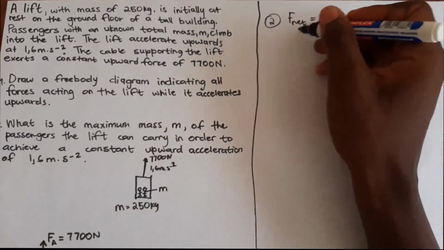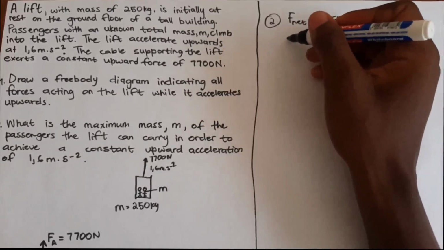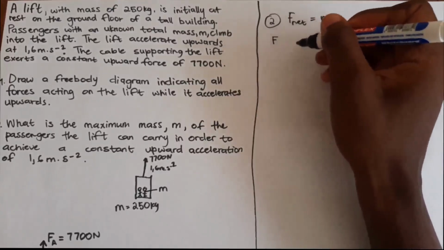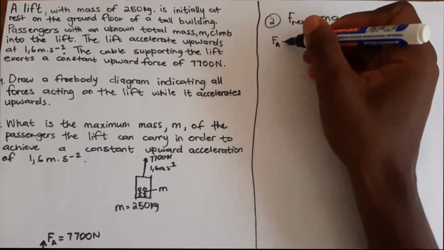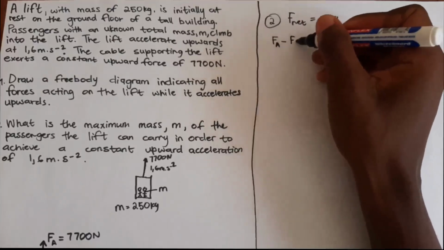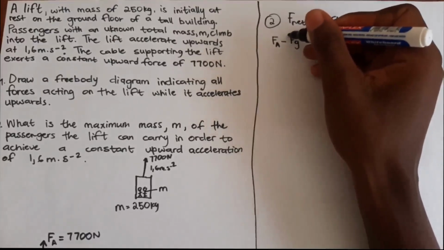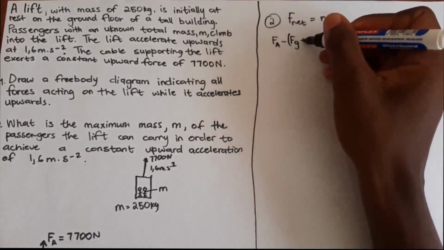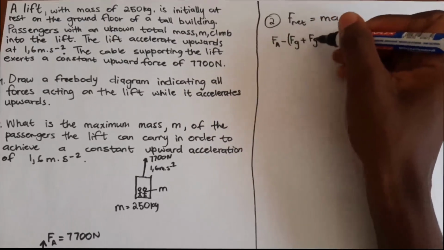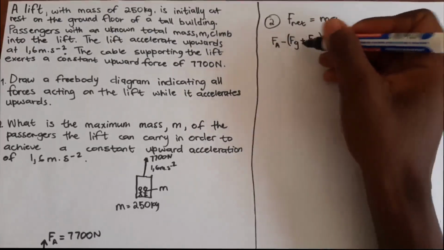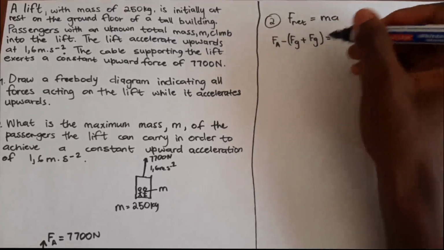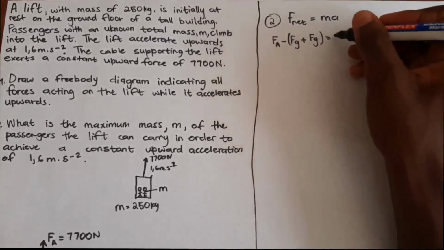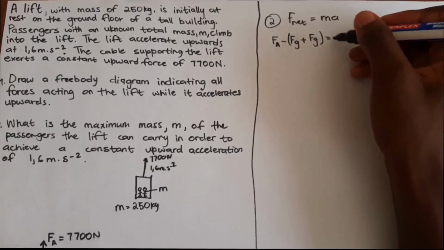The net force is the applied force minus those two gravitational forces: the gravitational force of the lift and the gravitational force acting on the passengers.